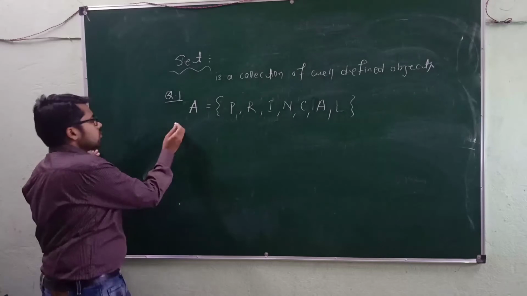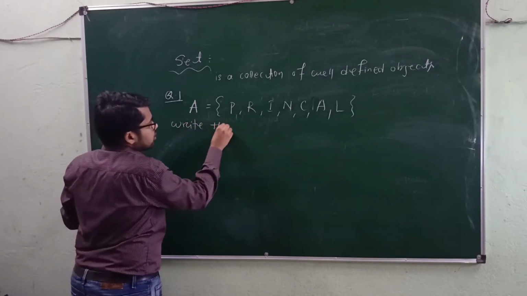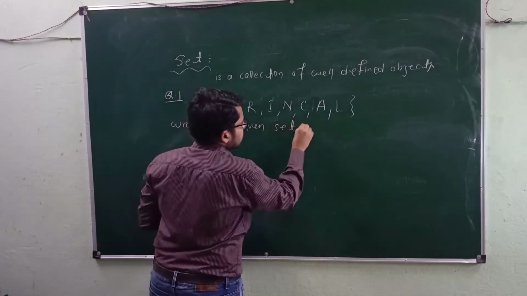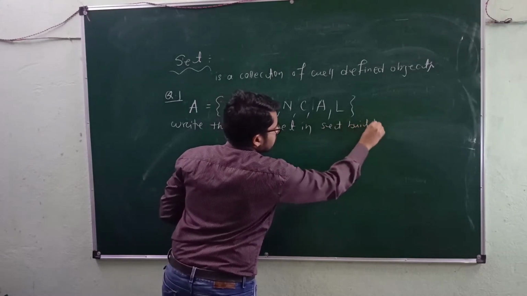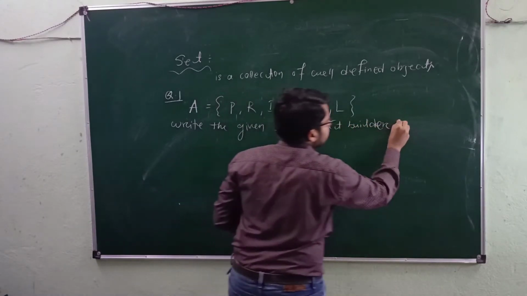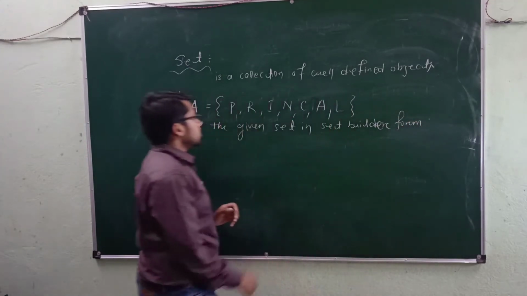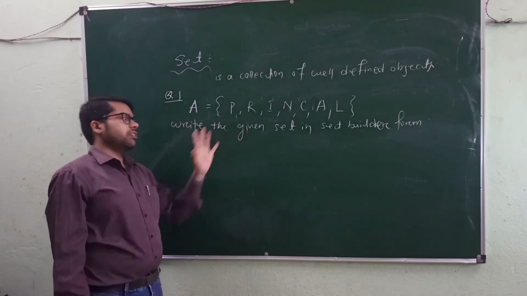Now it asks you to write the given set in set builder form. As this set is given in listing method, we have to write this set in set builder form.